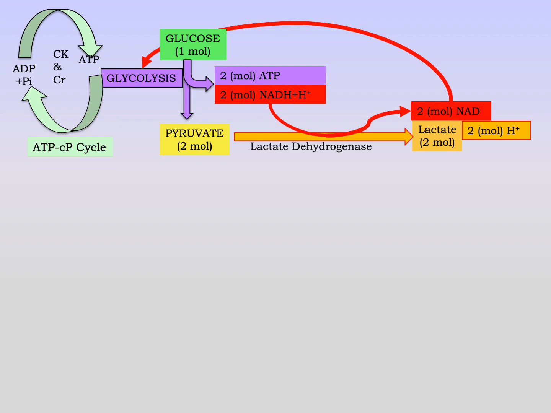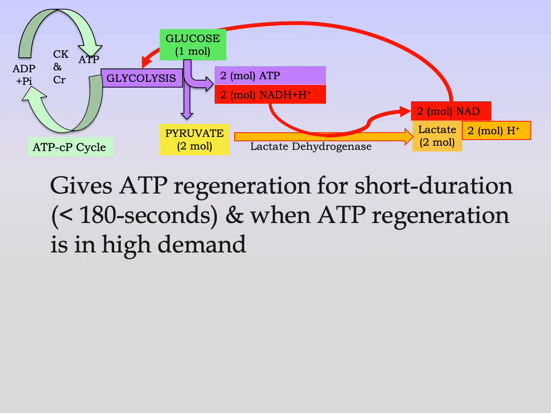If we get too much pyruvate, the pathway will slow down due to pyruvate inhibition on pyruvate kinase. So we're able to get ATP for about 180 seconds. And we're able to get ATP regeneration with high demand.